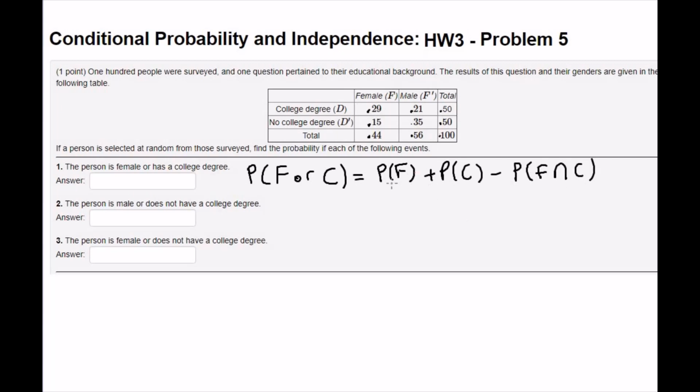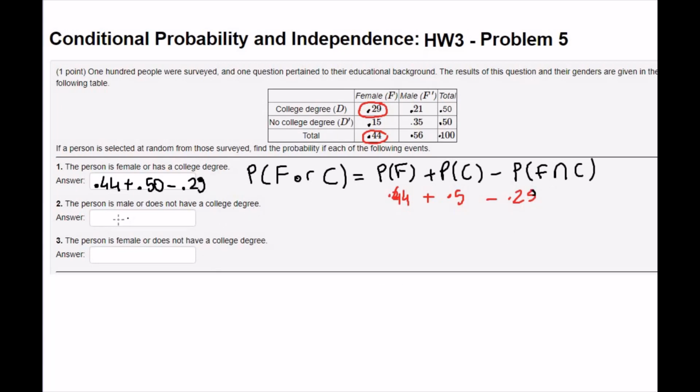So probability of female is 0.44. Probability of college is 0.50 minus their intersection. Female and college, their intersection is here, 0.29. So the answer is 0.44 plus 0.5 minus 0.29. This is 0.65.